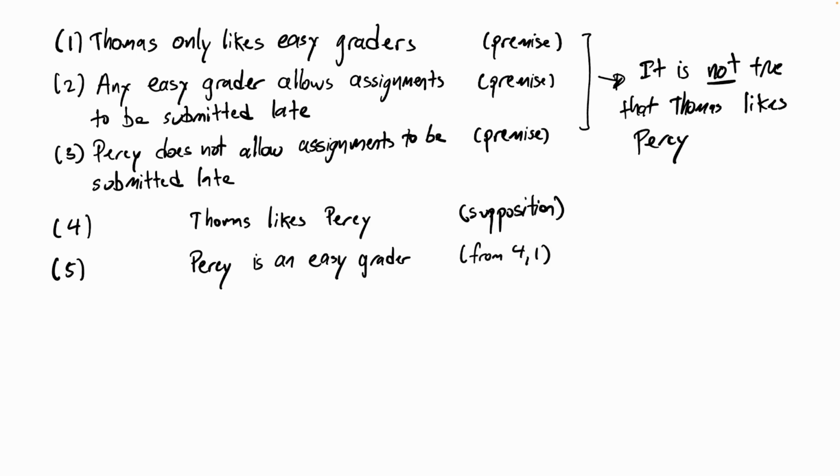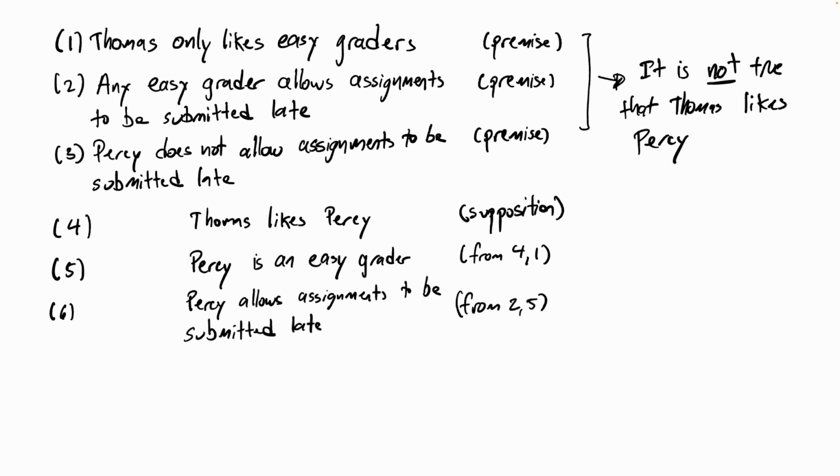Now, if Percy is an easy grader and any easy grader allows assignments to be submitted late, then we can conclude that Percy allows assignments to be submitted late. So still working in our new column of reasoning, we'll write Percy allows assignments to be submitted late, drawing that conclusion from lines 2 and 5.